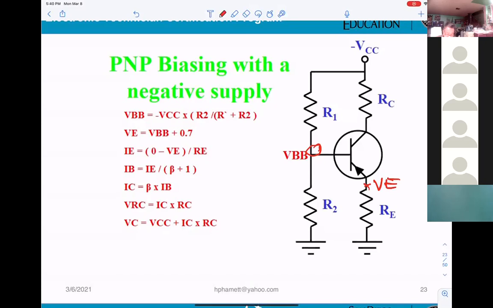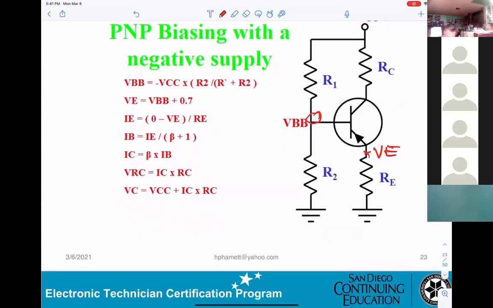IE will be VE divided by RE. IB is IE divided by beta plus 1, and IC equals beta times IB. Why is beta displayed on this pair and not on the other pair?